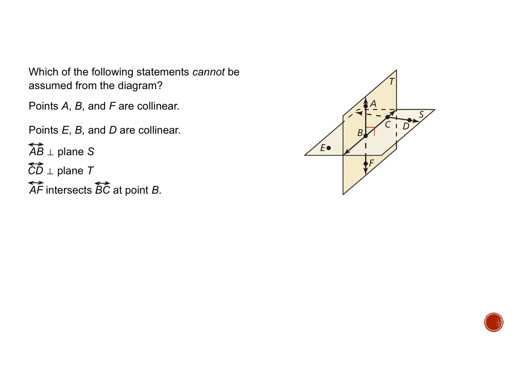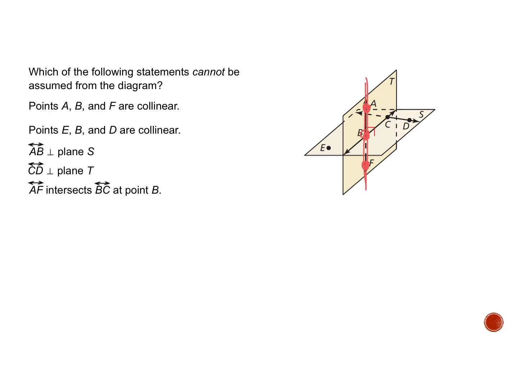So let's take a look at our final example, which is example 4. For example 4, it says, which of the following statements cannot be assumed from the diagram? The first thing we have to look at is that points A, B, and F are collinear. Point A is right here, point B is right here, and point F is right there. You can see that all three of those lie on the same line.